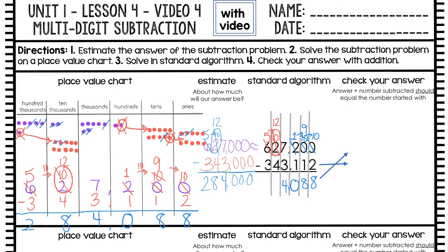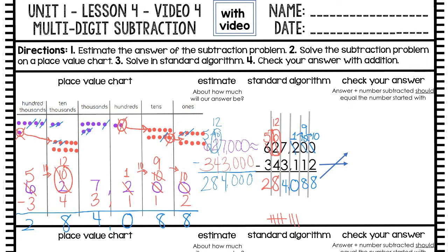I crossed it out so I wouldn't get confused. So now I have 12 minus 4. I can count up 4, 5, 6, 7, 8, 9, 10, 11, 12. And I have 8. And lastly, in the 100,000s, 500,000 minus 300,000 is 200,000.